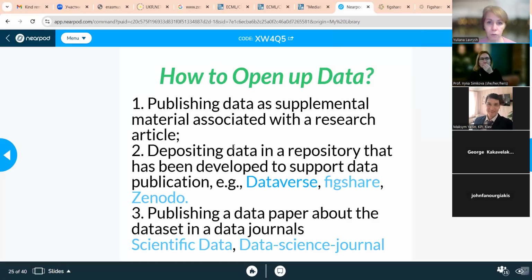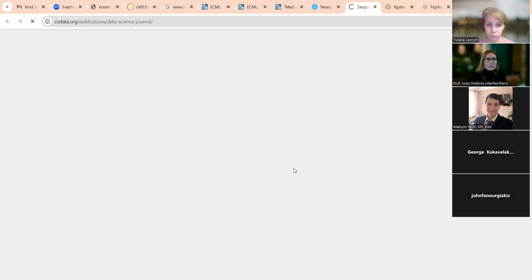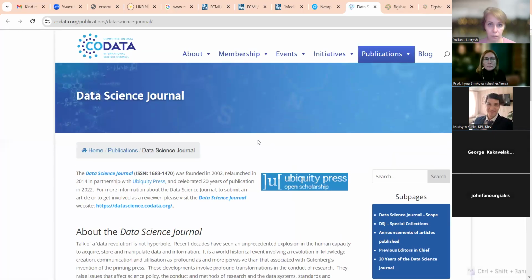Another way to make your data open is to publish a data paper about the data set in data journals. So we have data repositories and we have data journals, for example, Data Science Journal. Also, you create an account.